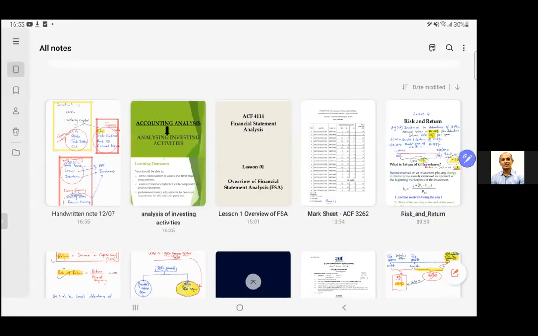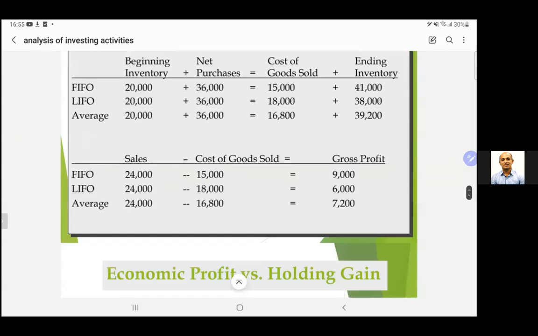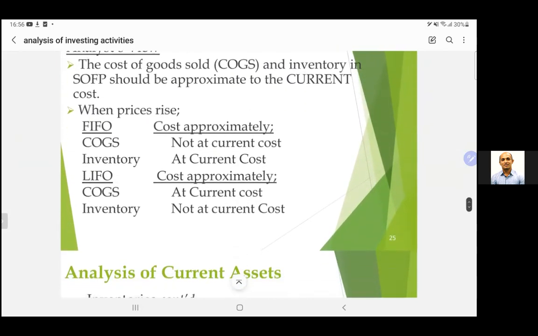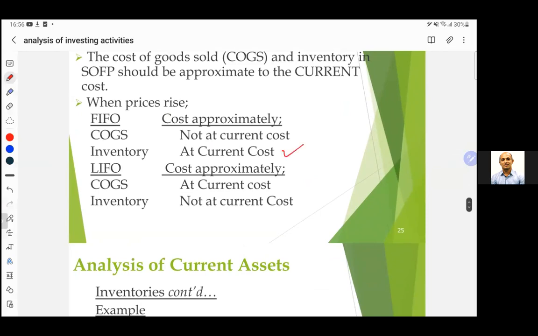So if your company follows FIFO, closing stock is at current cost, but cost of goods sold is at old cost. It is not at current cost. But if your company follows the LIFO method, cost of goods sold is at current cost, but closing stock is not at current cost.